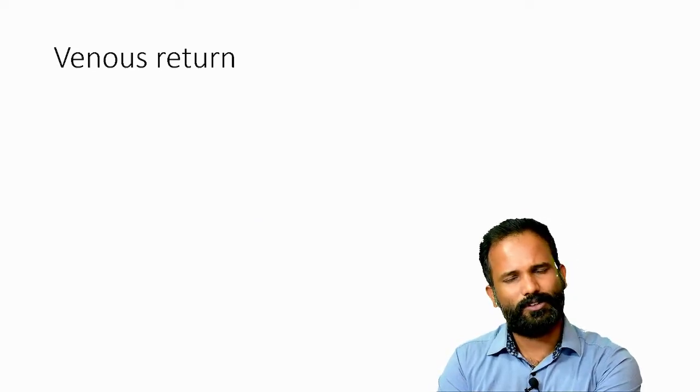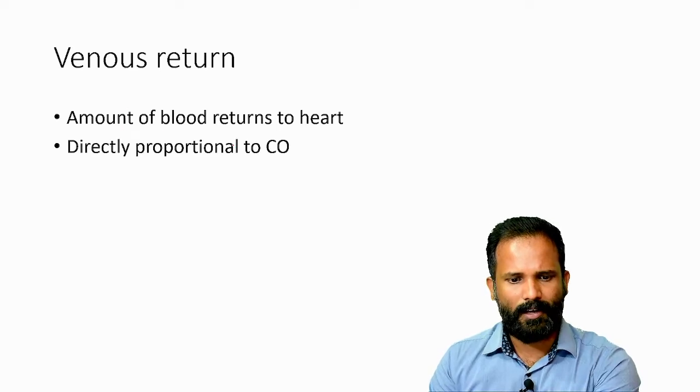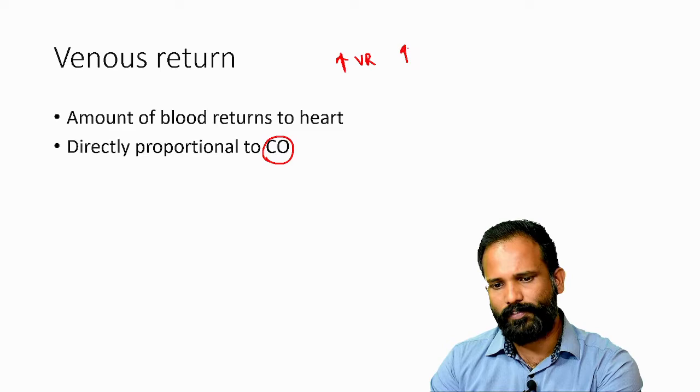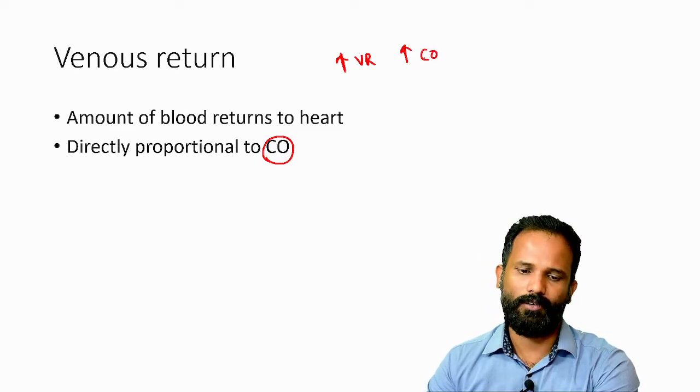First we'll talk about the factors that affect venous return. So what is venous return? Venous return is the amount of blood coming to the atria. And the more the venous return, the more the cardiac output. How?